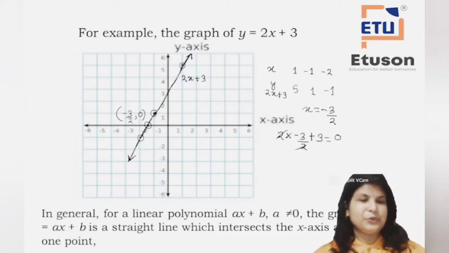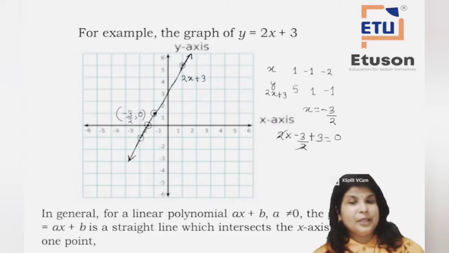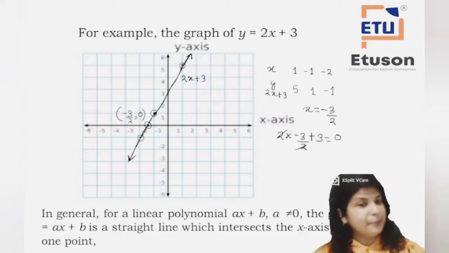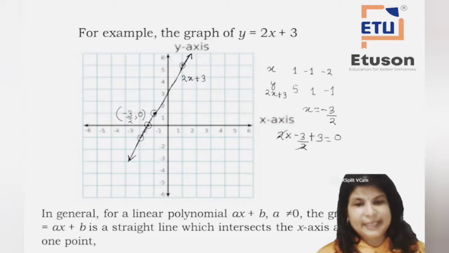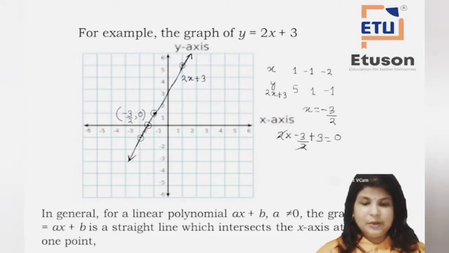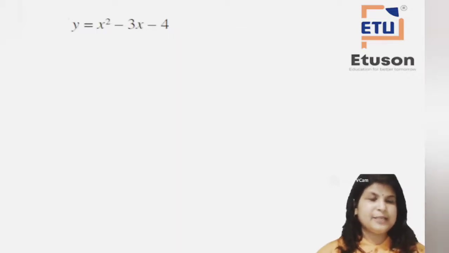So remember, for a linear polynomial there will always be a maximum of one solution to the equation. That means only at one point it will be intersecting the x-axis. Correct, children? Okay.